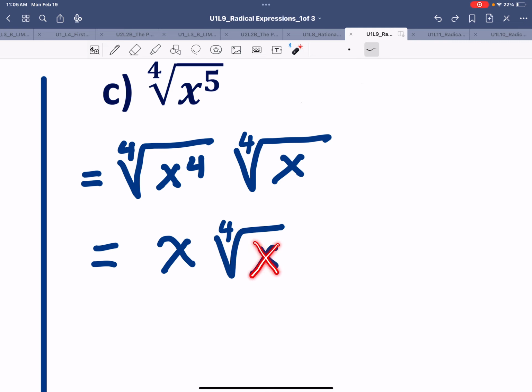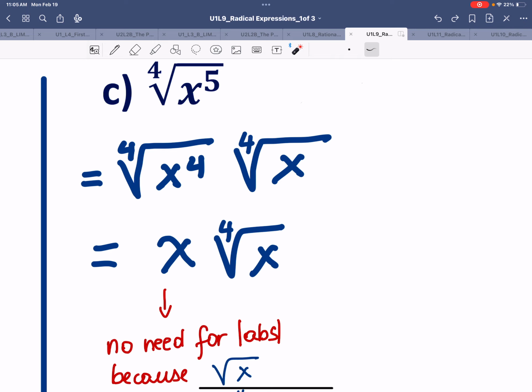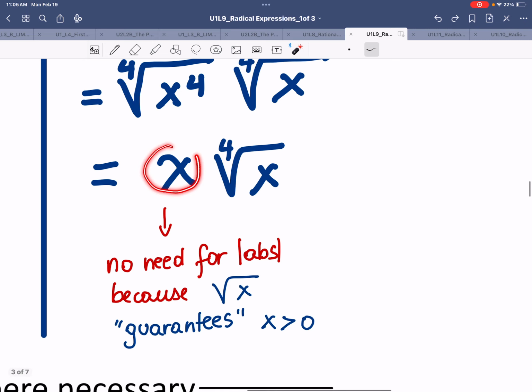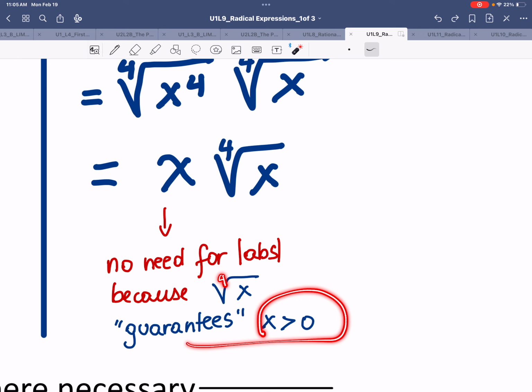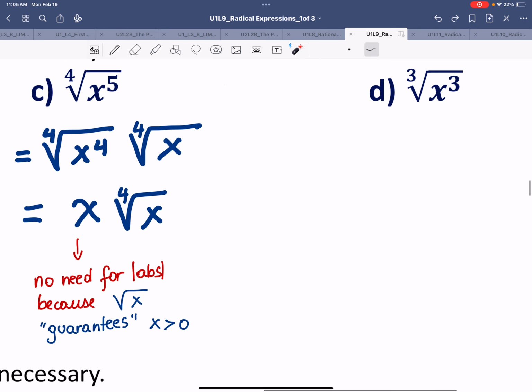The x that is inside the fourth root will guarantee in a way that the x that we take out in here is positive, because otherwise this wouldn't exist. So no need for absolute value, because the square root of x right here, the fourth root of x actually right here, or the even root of x, guarantees that x in here is positive. So this won't need the absolute value.